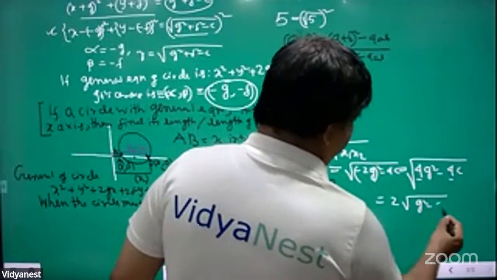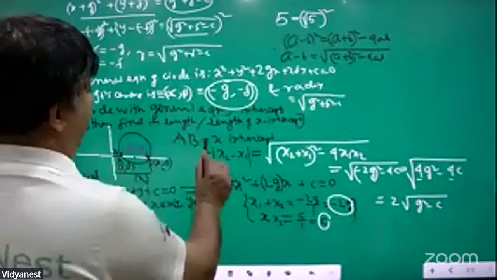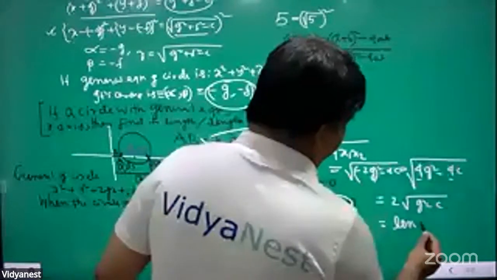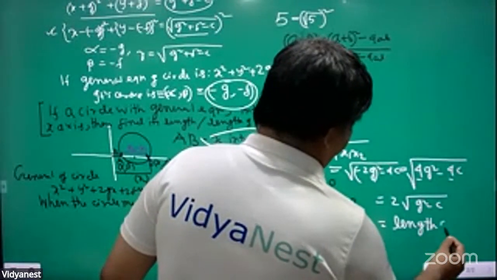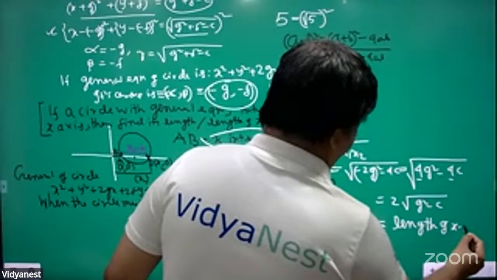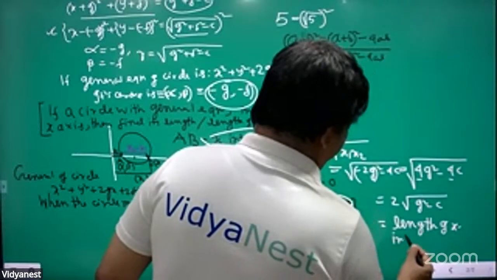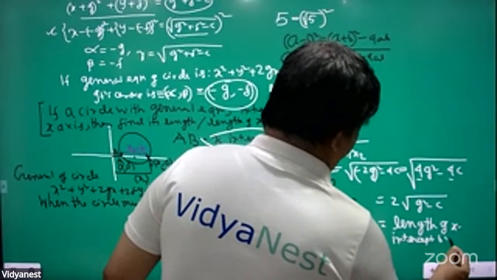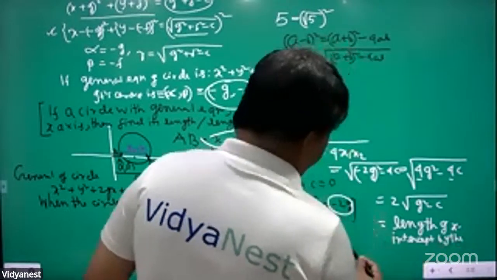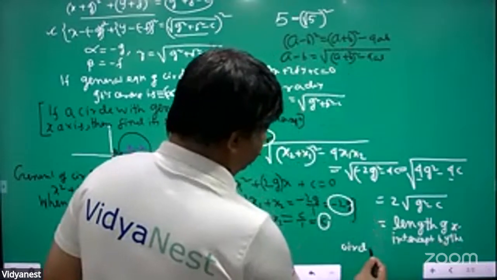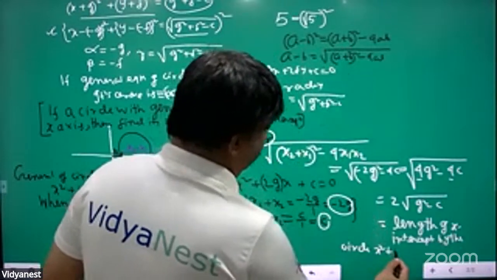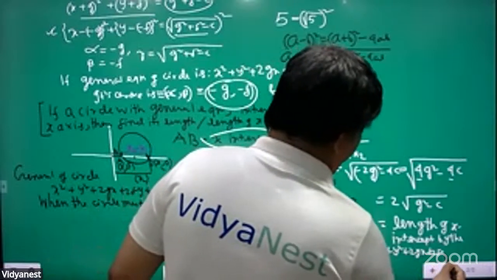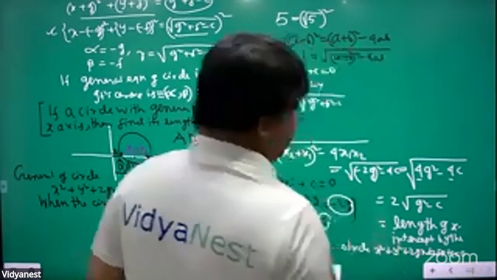So this is nothing but the x-intercept length, the x-intercept made by the circle x square plus y square plus 2gx plus 2fy plus c is equal to 0.